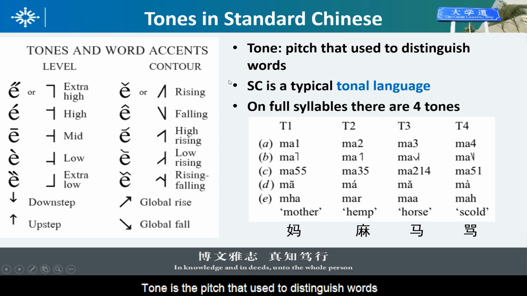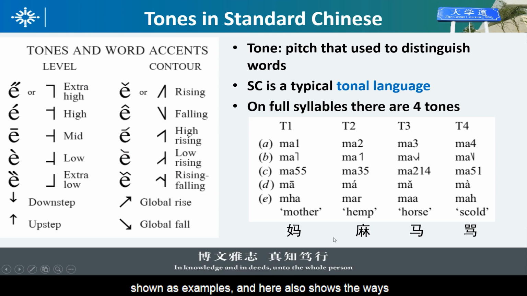Tone is the pitch that is used to distinguish words. If a language does not use pitch to distinguish words, it is not a tonal language. But the Chinese language, standard Chinese, is a typical tonal language. For all full syllables, there are 4 tones in standard Chinese. We are all familiar with that.